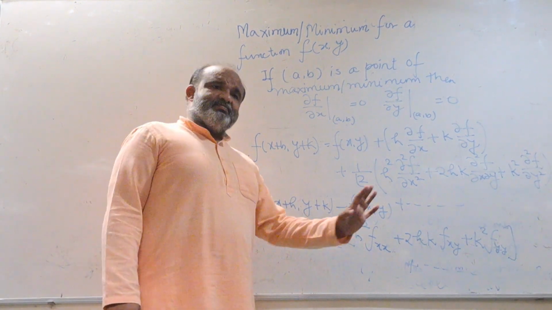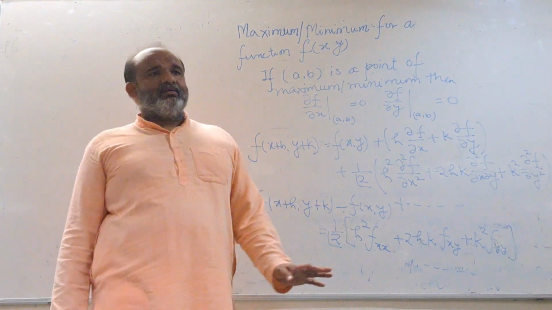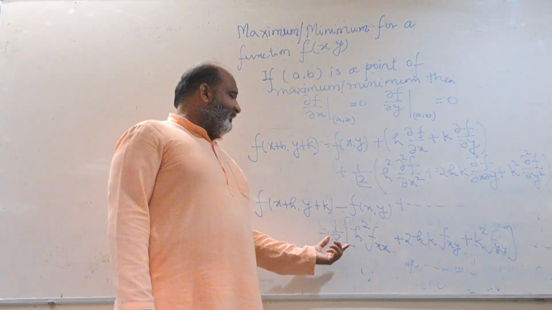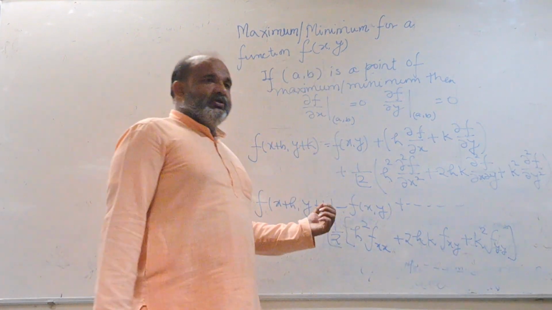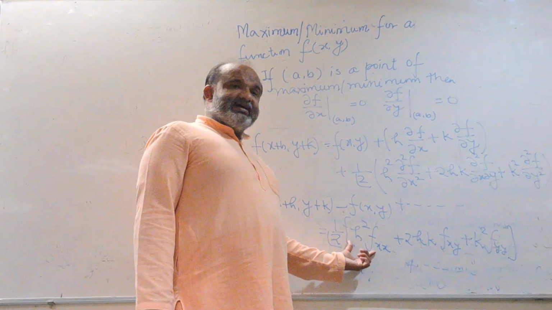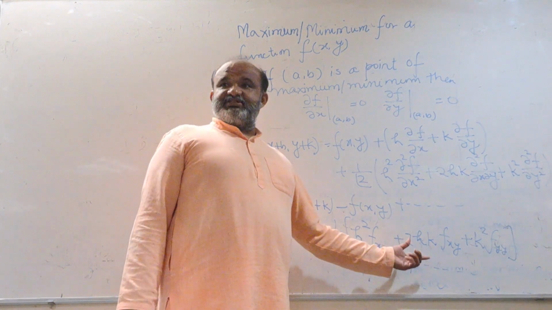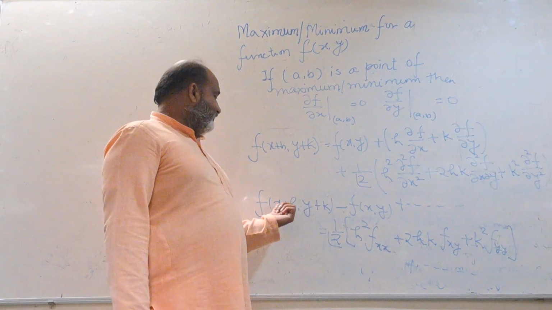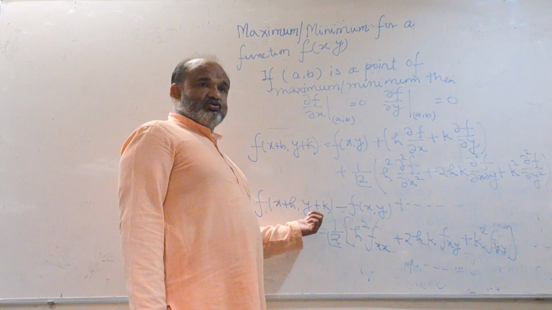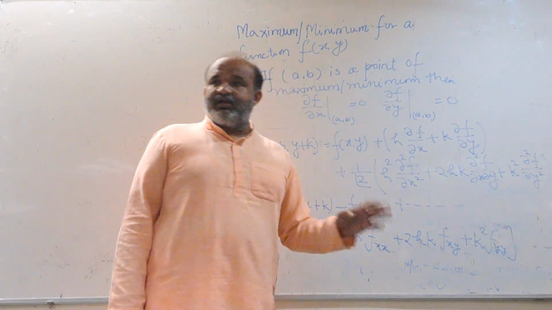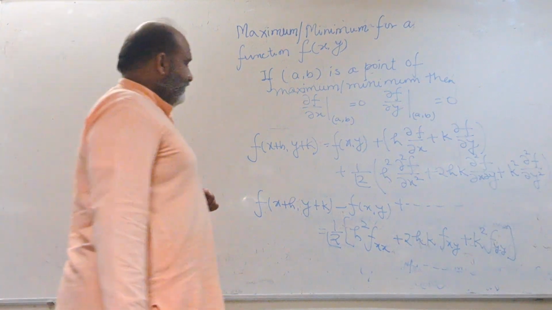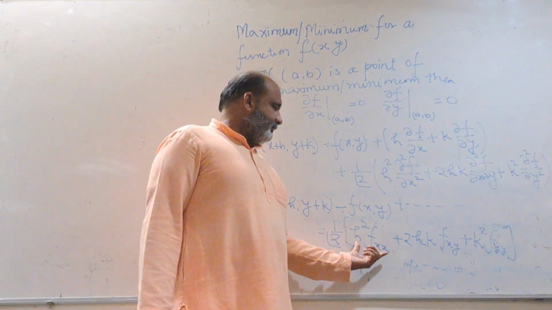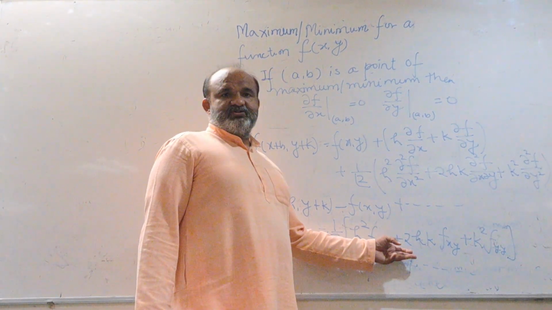So the further terms may be neglected, right? The main effect on the sign will come from this term. So if I decide the sign of this term, the sign of the left hand side, f(x+h, y+k) minus f(x,y), can be decided, right?